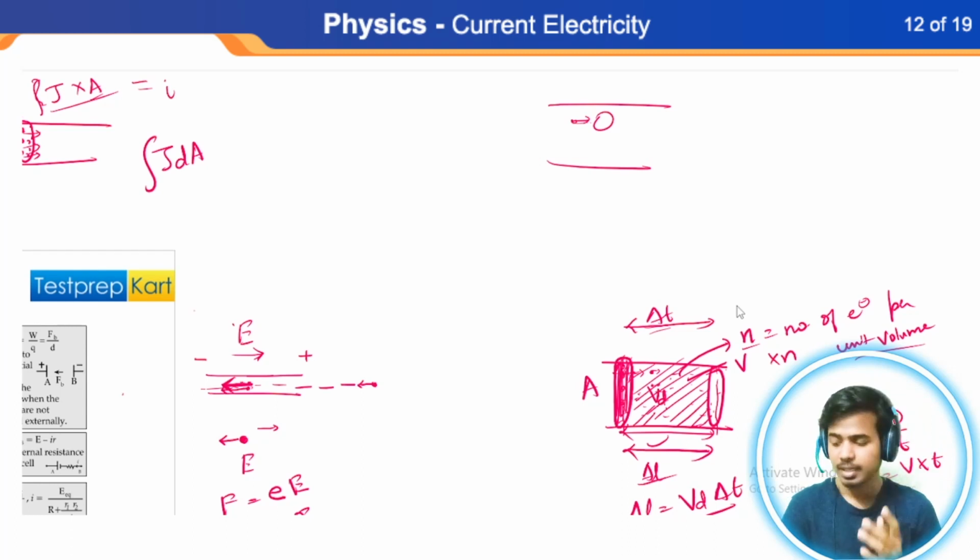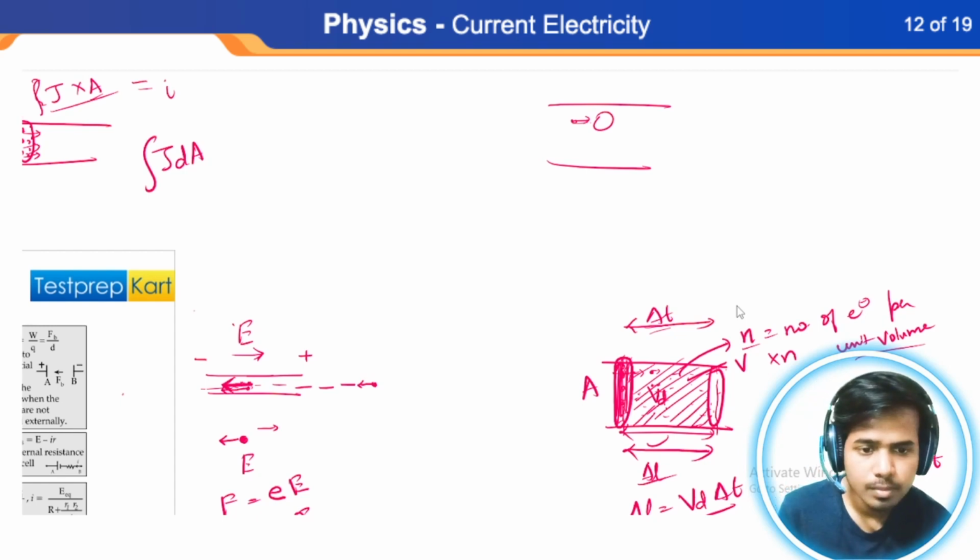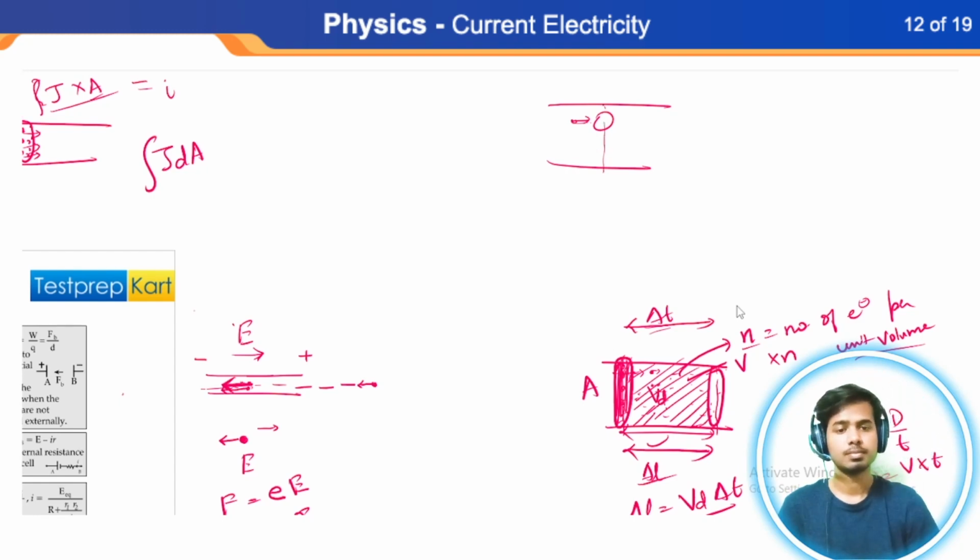It is resisting whatever this matter is, maybe even metal or non-metal, it is definitely resisting the motion of the electron. So what I was saying is I have to define this resistance in some terms.